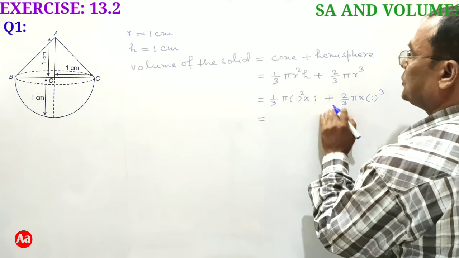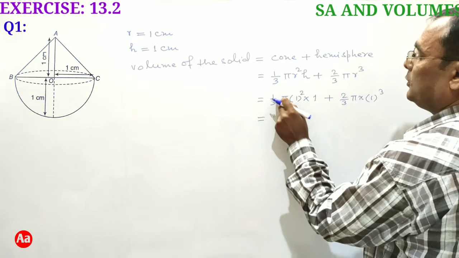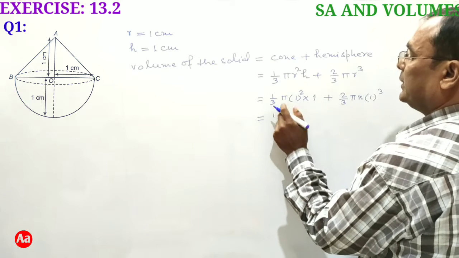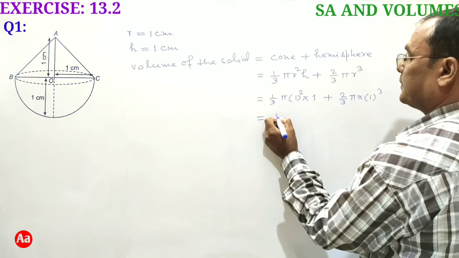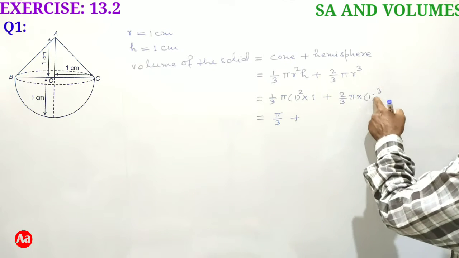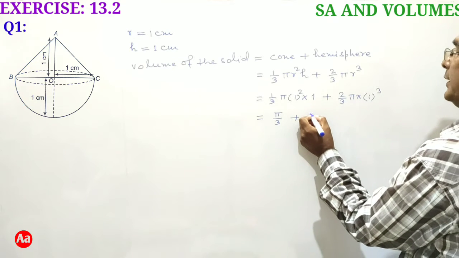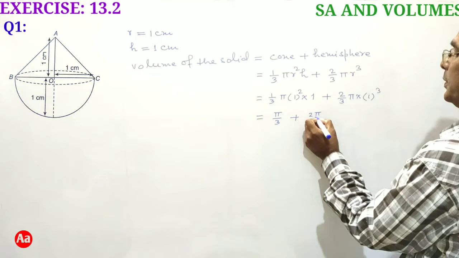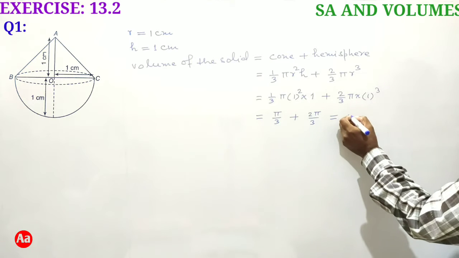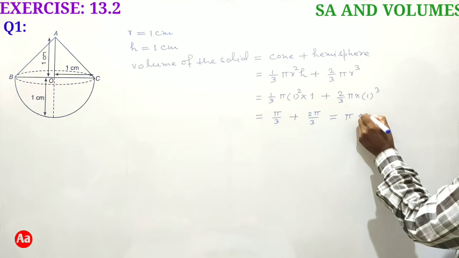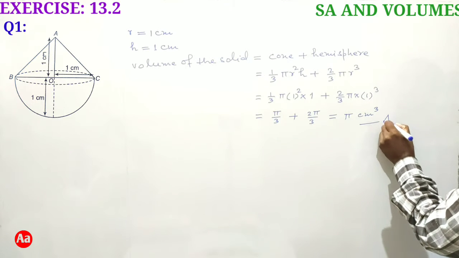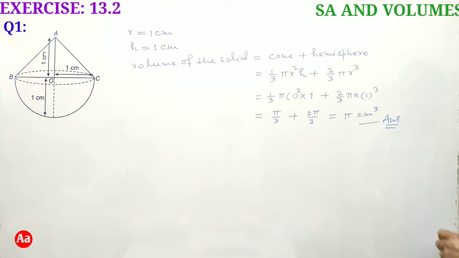On simplifying these two terms, we get 1 by 3 pi into 1 square, 1, into 1, 1, into 1 again 1, so 1 by 3 pi, that is pi by 3. We can write pi by 3 plus, from here 1 cube 1, into 2 by 3 pi is 2 pi by 3, and this is equal to pi by 3 plus 2 pi by 3, which is pi centimeter cube, and this is the volume of the given solid, and this is the answer.